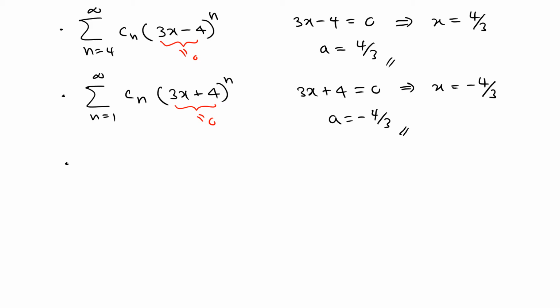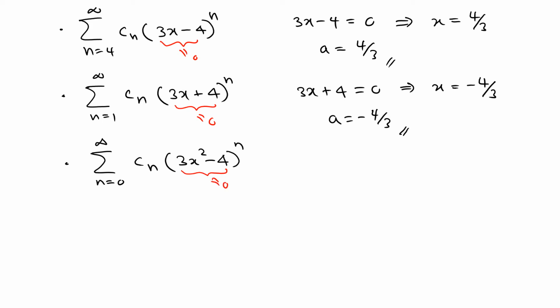Okay. The next one, we're going to do two more examples. Let's say n from 0 to infinity, some kind of coefficient, and then 3x squared minus 4 to the n. Same idea, you're going to set this equal to 0.